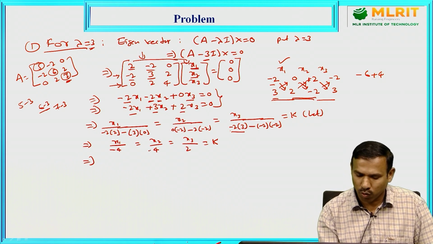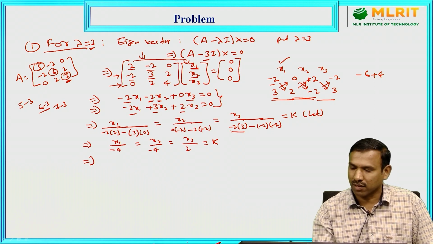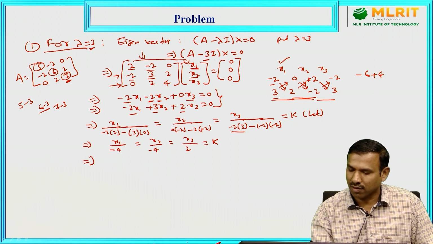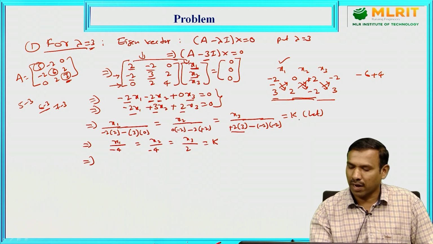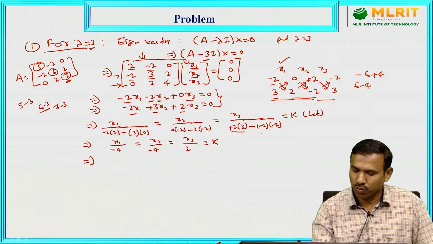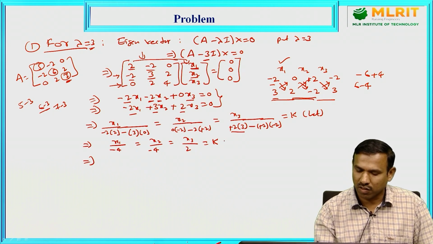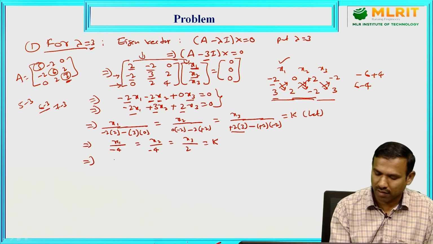Going up this is minus 4, this is a plus. Next, 2 into 3 is 6, this is plus 6, 6 minus 4, that is 2.